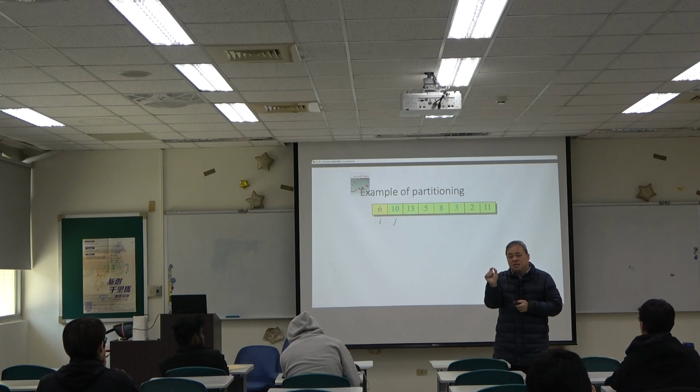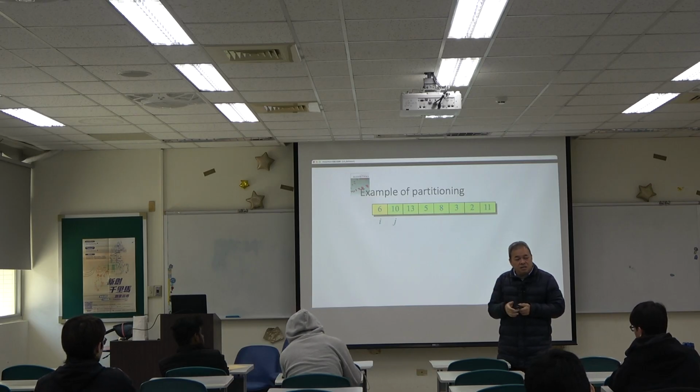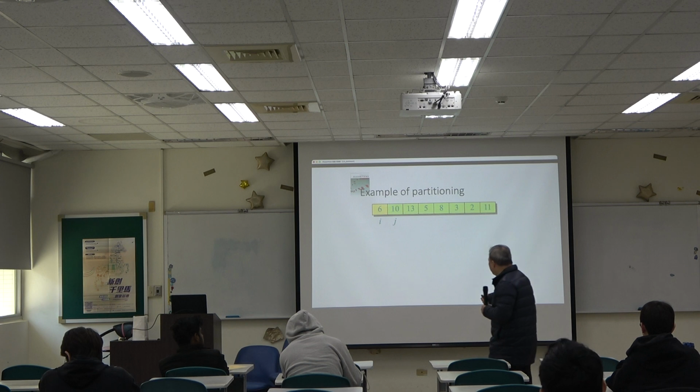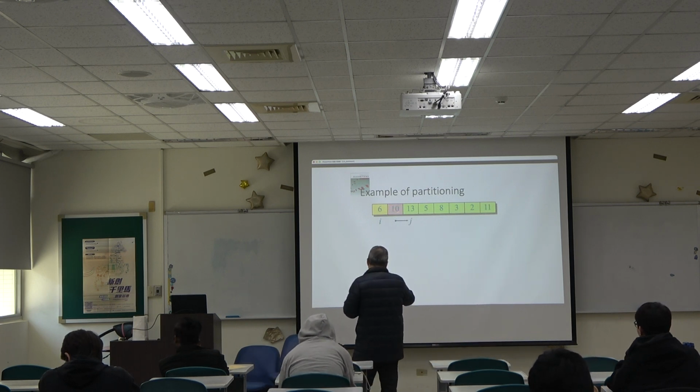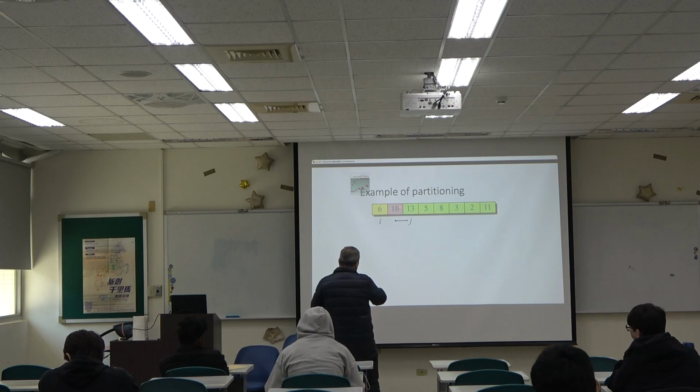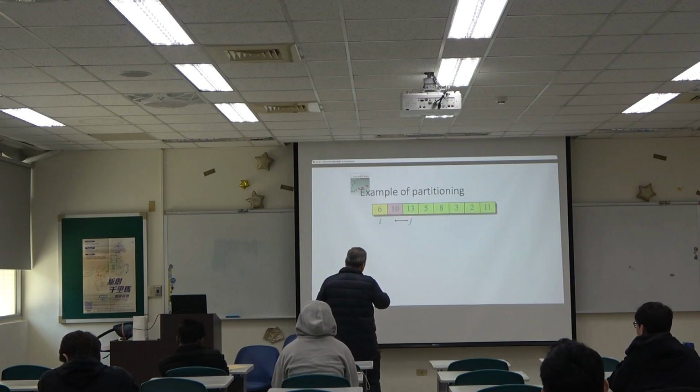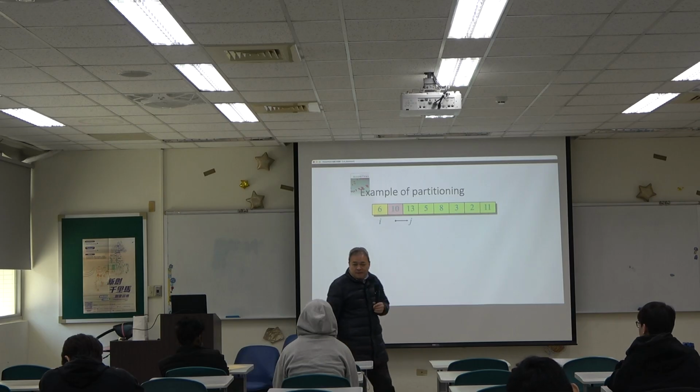That's the basic idea. So you check 10. 10 is greater than 6, so we grow the orange part. J gets advanced to here, but I stays here.